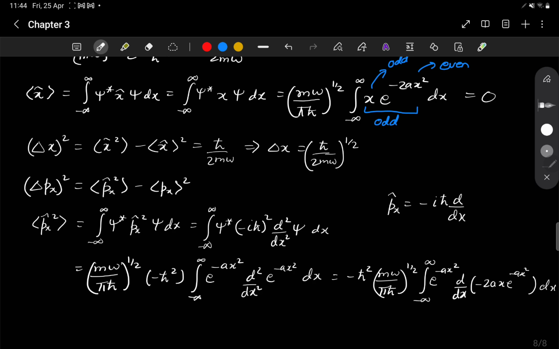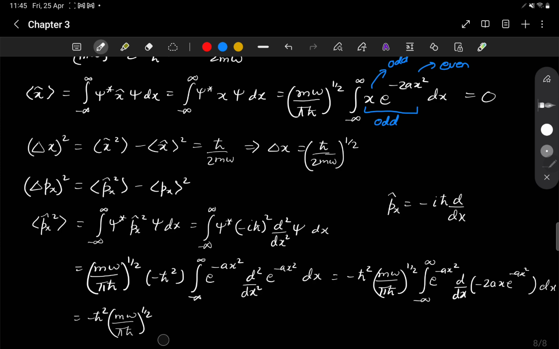This is the first derivative. Now the second derivative.